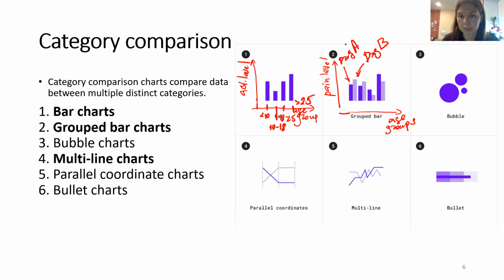For example, here we see that for the patients from group number 1, our children before 10 years, drug A will be better because the pain level will be less than for drug B.